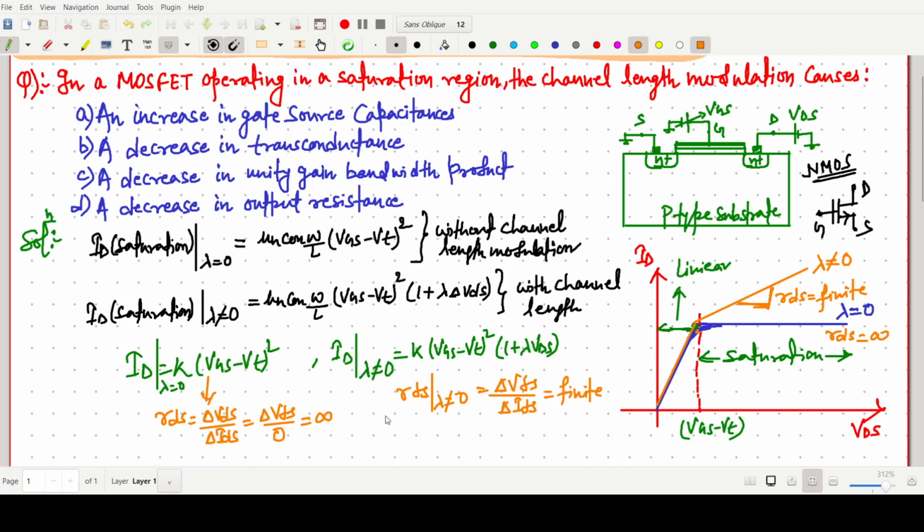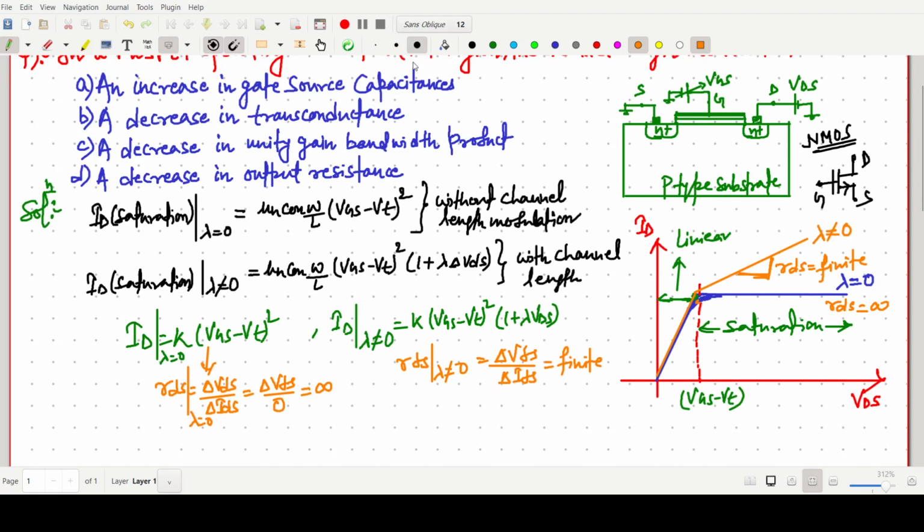So we can say that the RDS value with lambda equals to 0 will always be greater than this one.